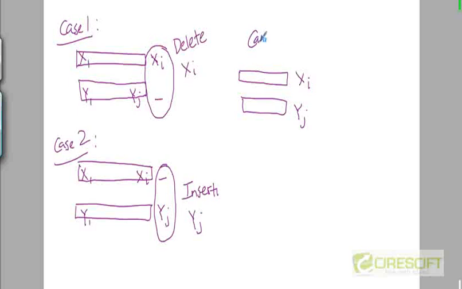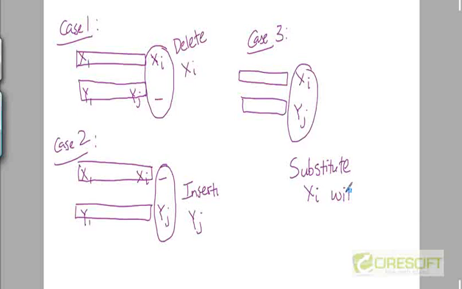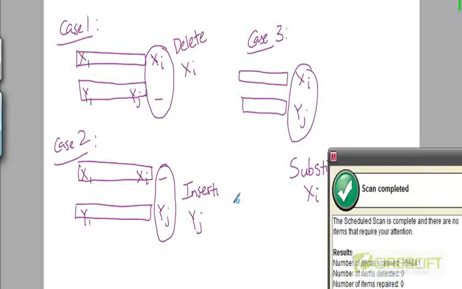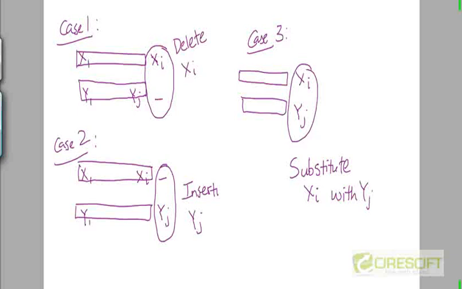And case 3 is when in the very last step we substitute xi with yj. There are only these three possibilities.